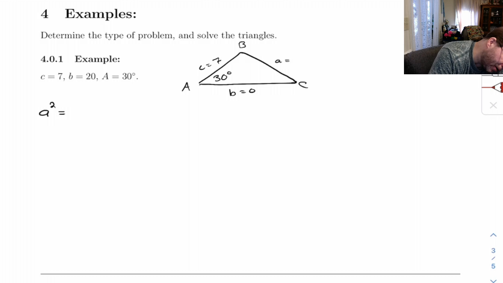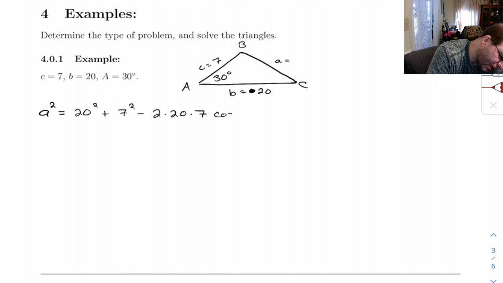All right, so a squared equals b squared. Wait, b was 20. Why do I have 0? So a squared is b squared plus c squared minus 2bc cosine A. So I'm going to throw all of that into my calculator at once.